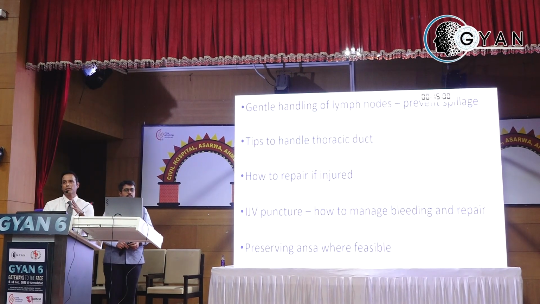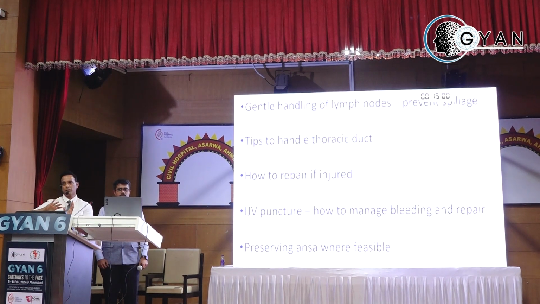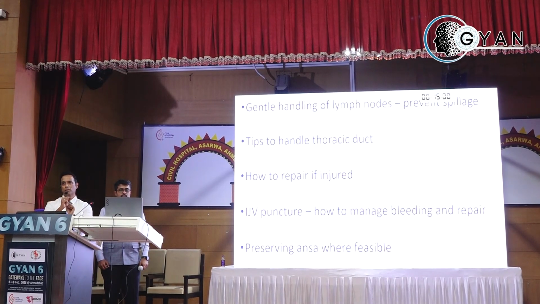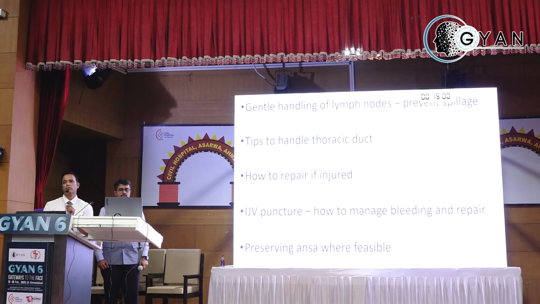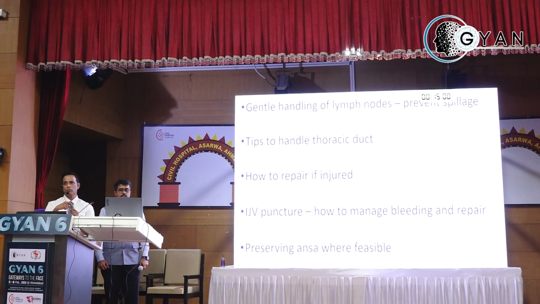If so, don't inadvertently clamp and try to use diathermy to stop it. Get hold of the fibrofatty tissue in that area and pass sutures or put clips. I use atraumatic 4-0, and with fibrofatty tissue all around, I do a purse-string-like suture.